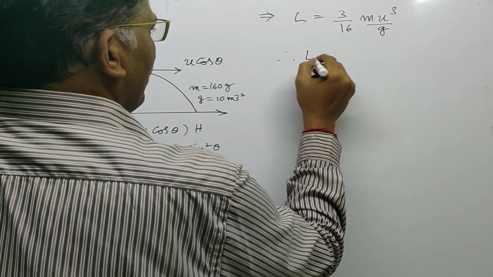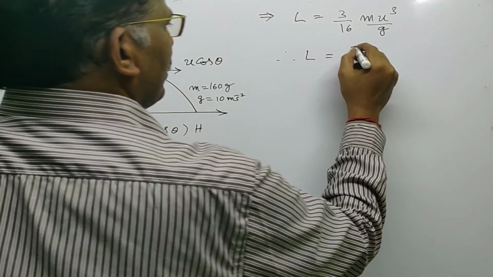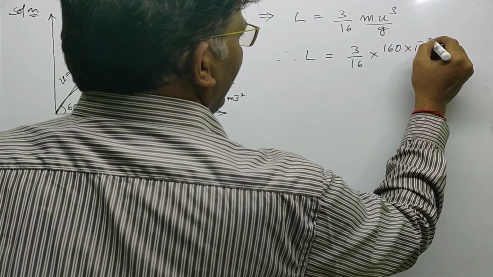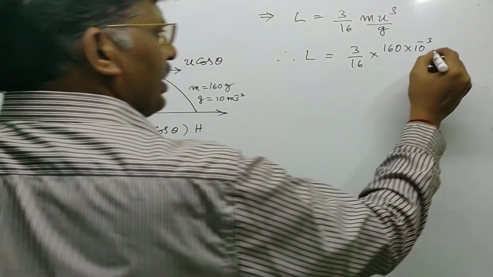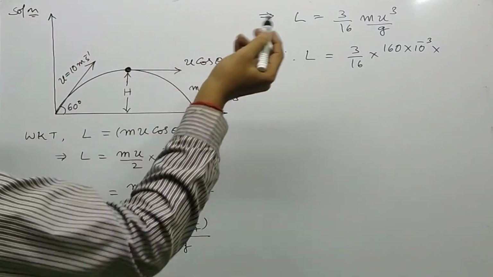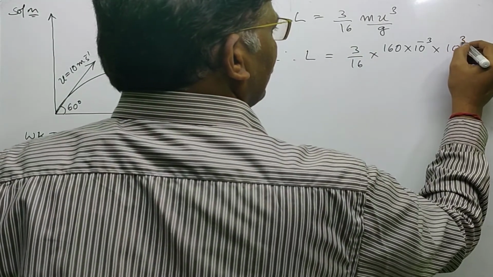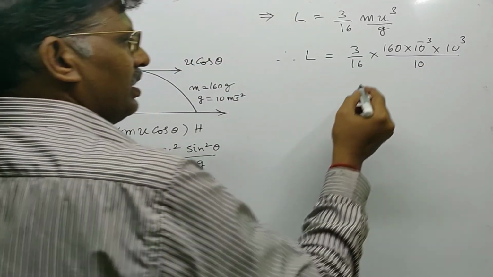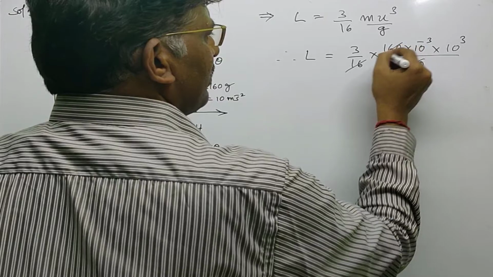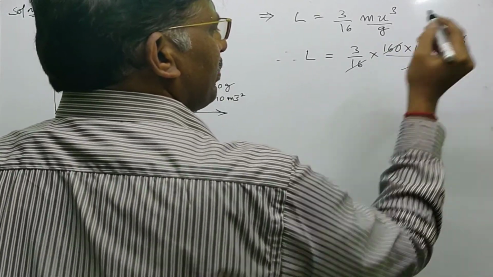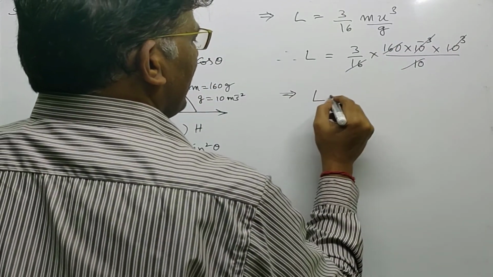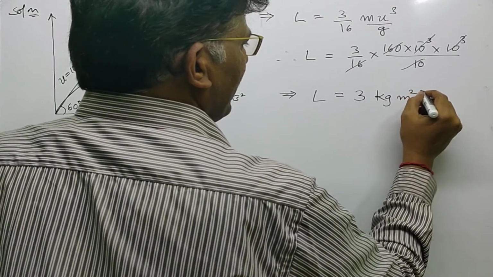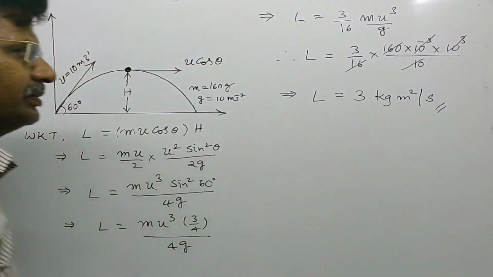Therefore, angular momentum L is equal to 3 by 16 into 160 into 10 power minus 3 kg, into u cube which is 10 cube, divided by g. Here 16 into 10 is 160, and 10 power minus 3 and 10 power plus 3 cancel. That implies the angular momentum of the projectile is 3 kg meter square per second.